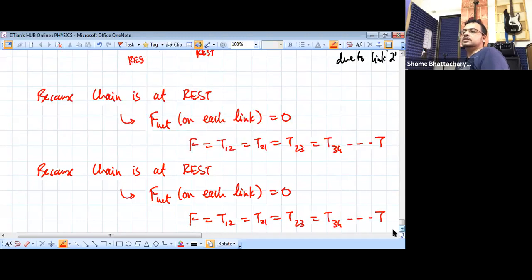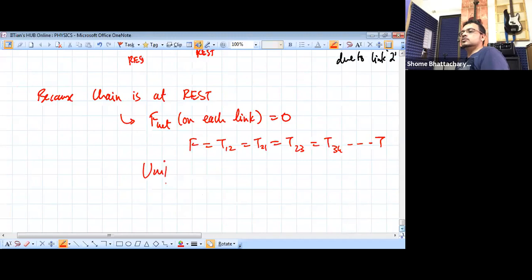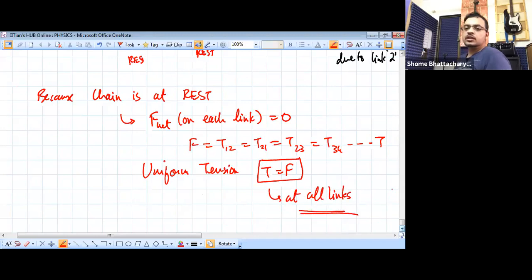So there is a uniform tension. So there is uniform tension T equal to F at all the links. Whereas if you are not applying the force, there would be no tension at all.